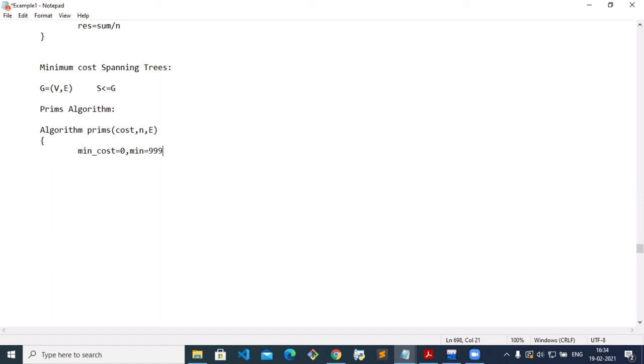I don't have the symbol, simply I'm considering it like 999. 999 means the maximum value I'm assuming here. Okay, now after assuming this, what we have to do is for i equals 0, i less than n, i plus plus. Okay.